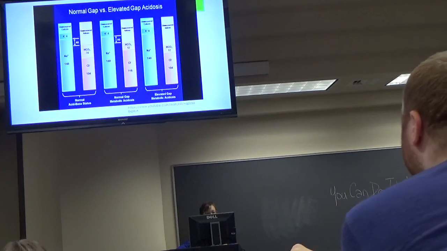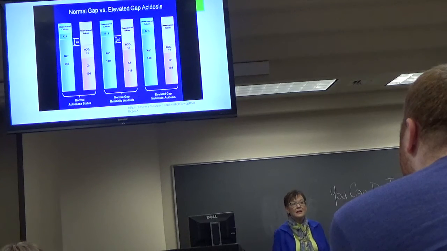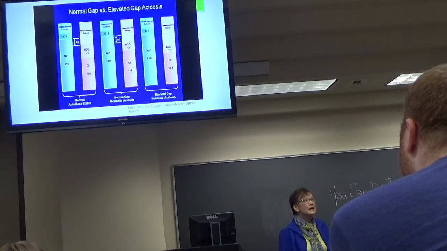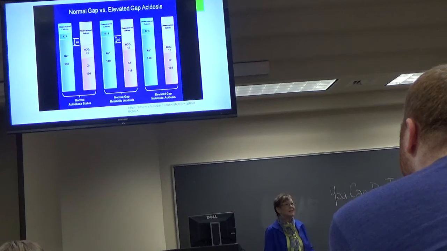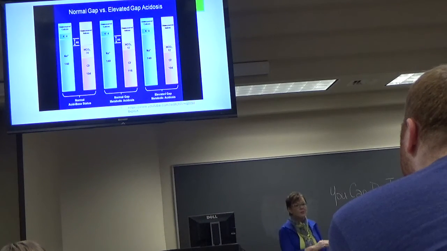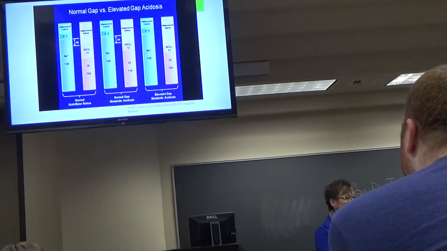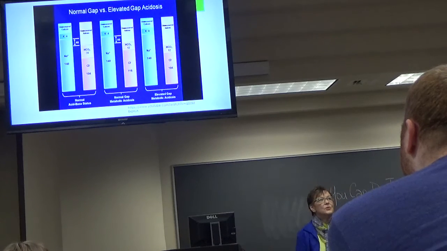See, right there. So what's a normal anion gap? I think it's about 5 to 10. Okay, so here's a normal gap. So you get different types of acidosis from different causes that will produce either a normal anion gap or an elevated gap. So in this case, you get an elevated gap.